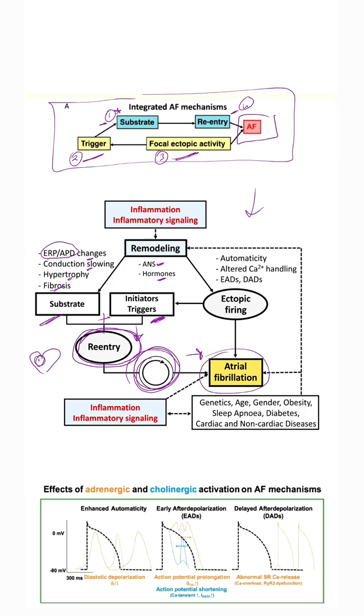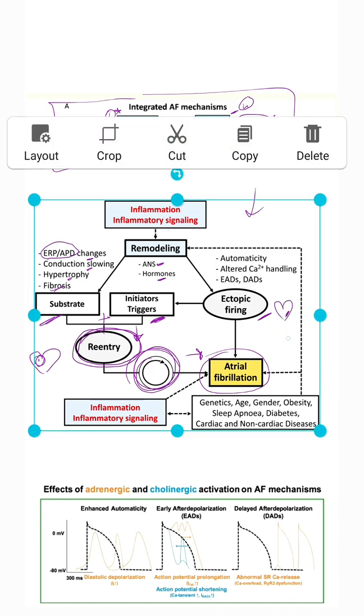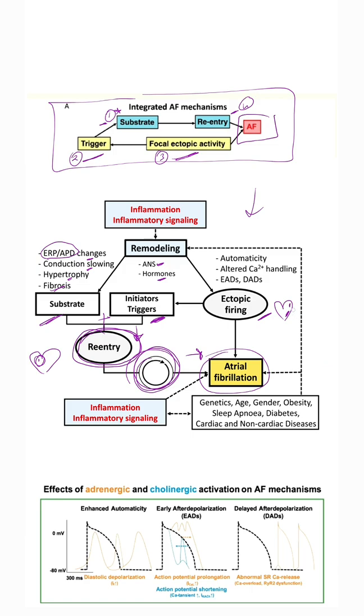Another aspect we need to look at is ectopic firing, which basically means there is a part of the myocardium which is beating independently, and this is triggering atrial fibrillation. This can occur due to cardiac automaticity, which is the accelerated generation of action potentials either by the normal pacemaker or by abnormal tissue on the myocardium.